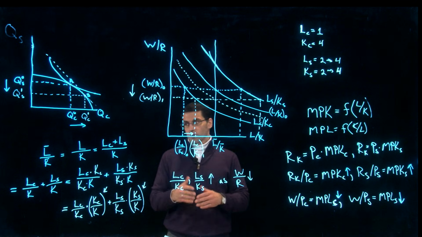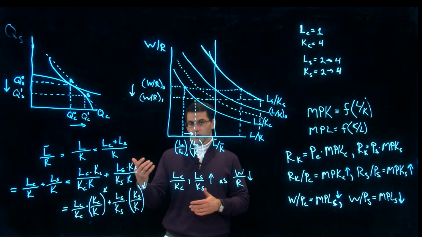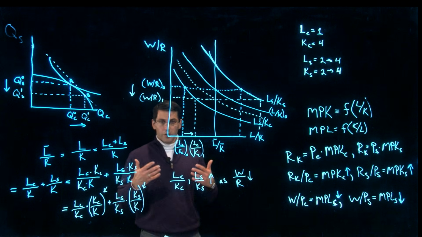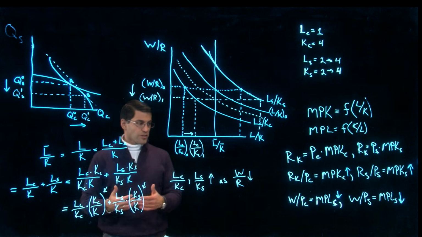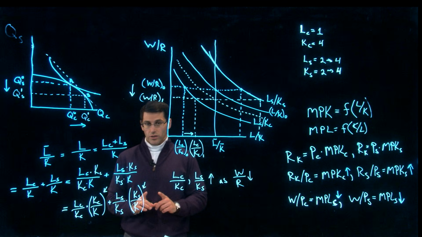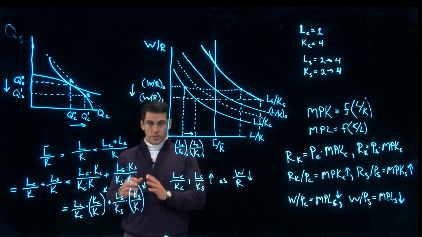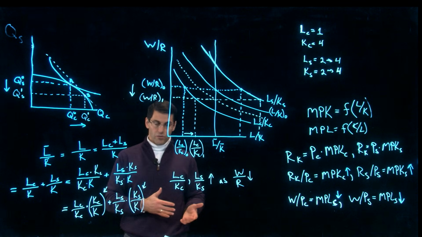In other words, the way we set up this example was the home country is capital abundant. So when we open up to trade, capital, the abundant factor, sees its return, the rental rate, increase in real terms. Labor, which is the relatively scarce factor, sees its return, the real wage rate, decrease.